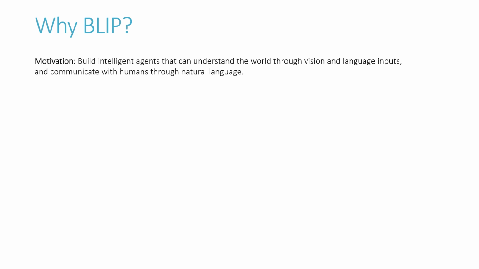First, on to the introduction and motivation. Why BLIP and what are its benefits? Well, the main motivation of vision language models in general is to build intelligent agents that can understand the world through vision and language inputs and communicate with humans through natural language.